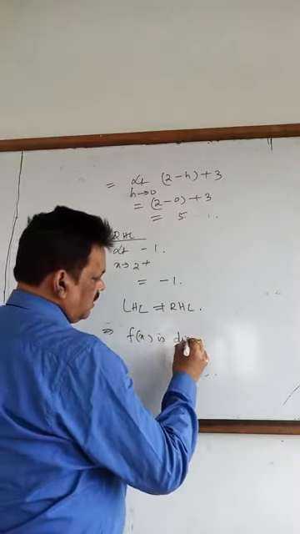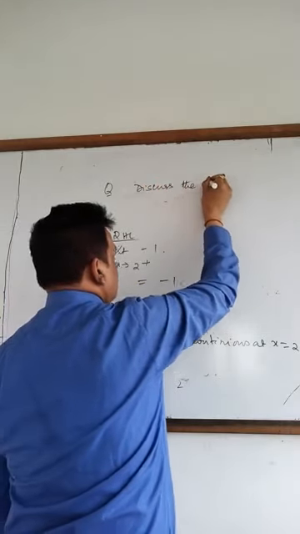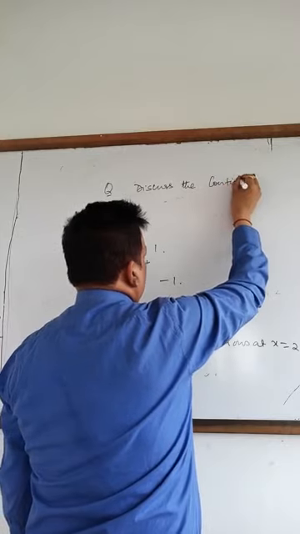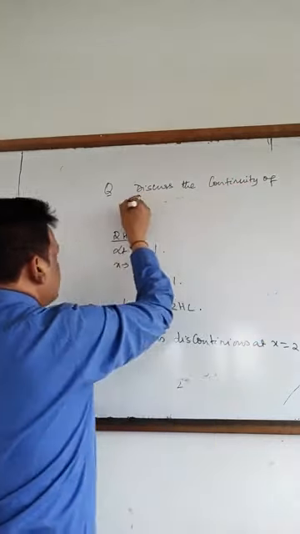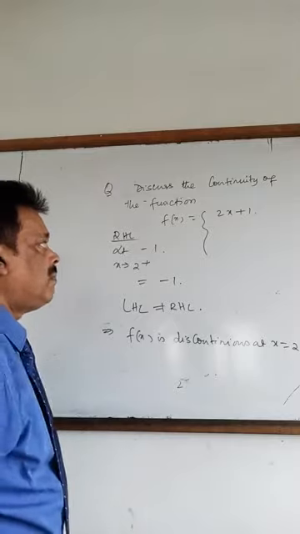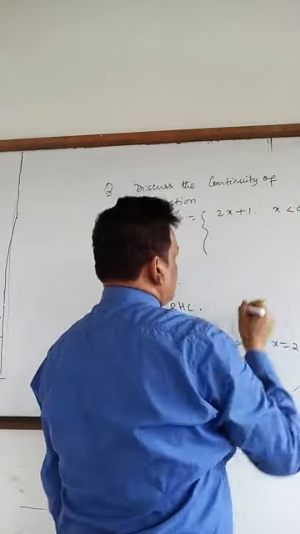So discuss the continuity of the function f(x) equals 2x plus 1 when x is less than 0.